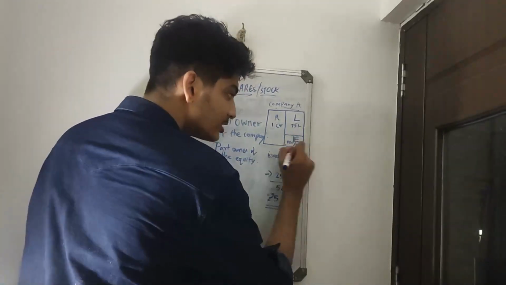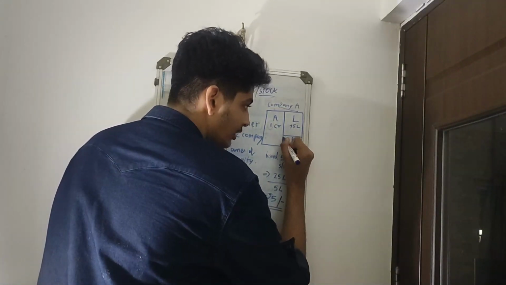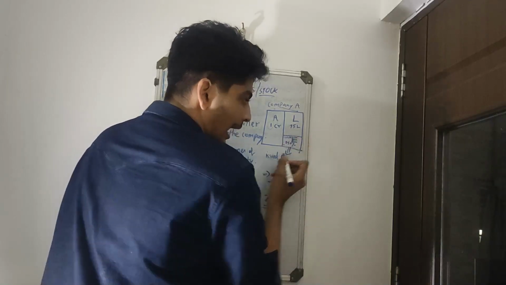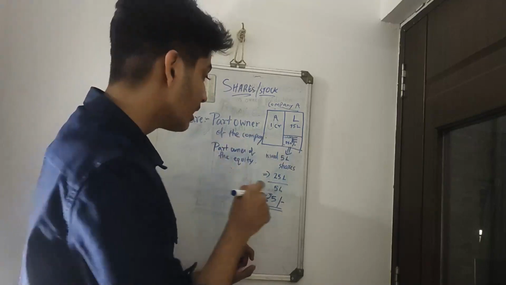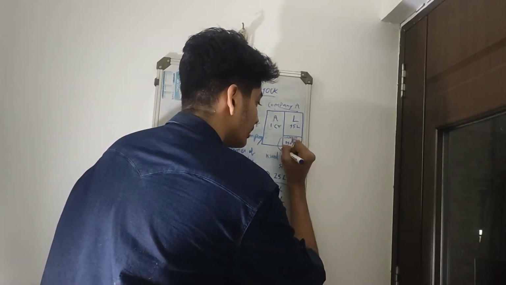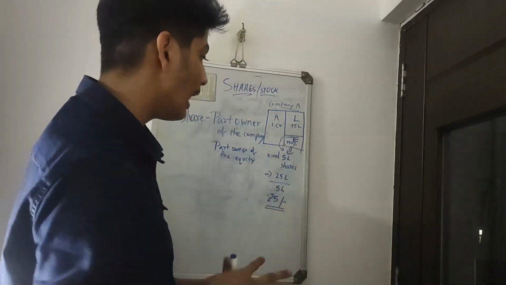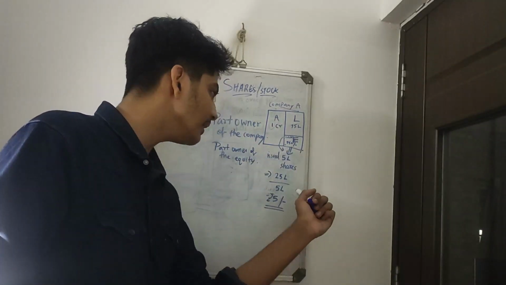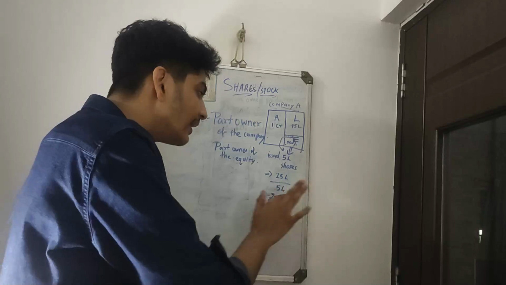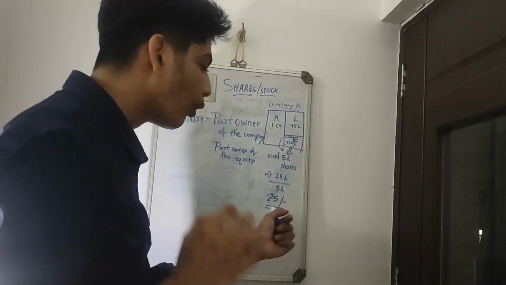So they split this box into 5 lakh minute particles. I don't have space to draw 5 lakh particles, but you understand how this works. And each particle is worth 5 rupees. How did I get this? I divided 25 lakhs, which is the value of the company, its equity, by 5 lakh shares. Hope you got this idea.